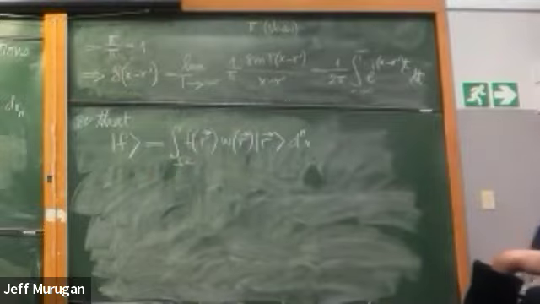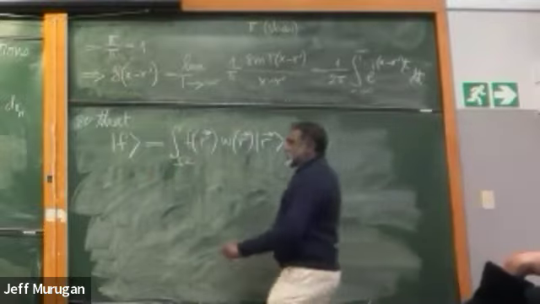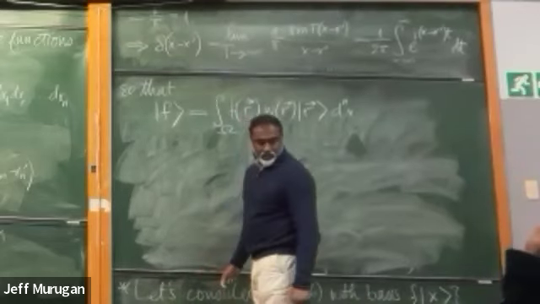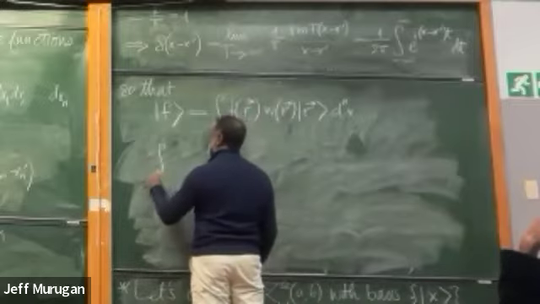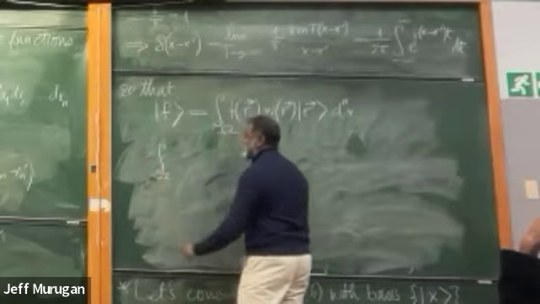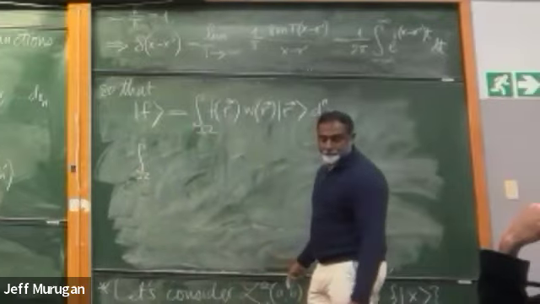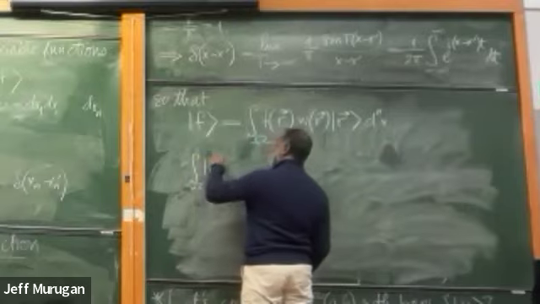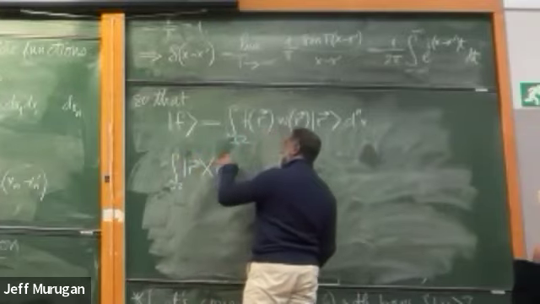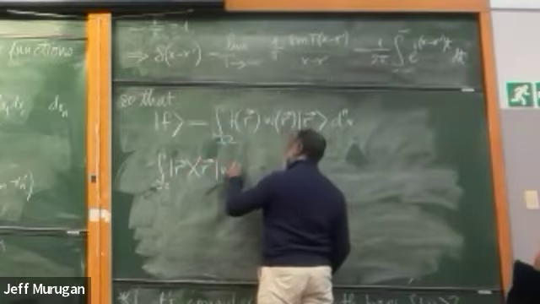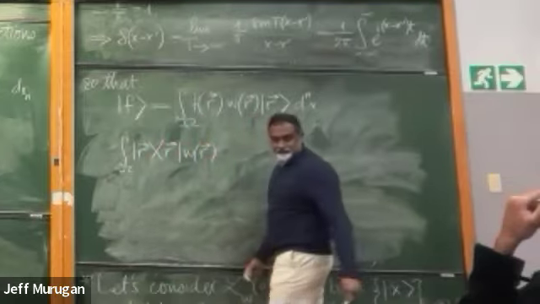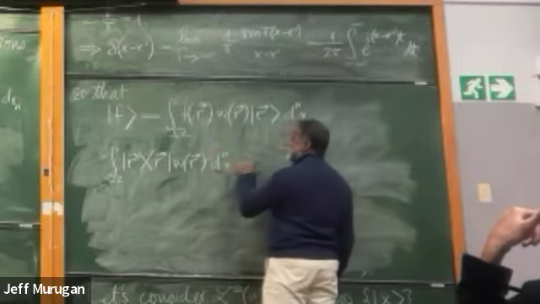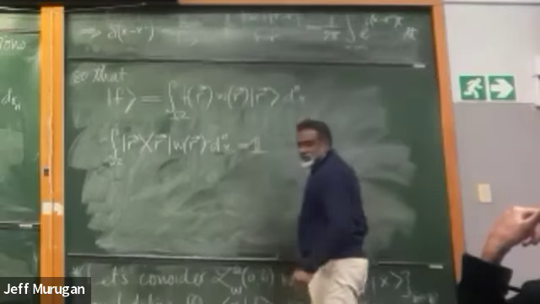It could be a rectangular volume, hypervolume, etc. So the resolution of identity is then the statement that the integral over omega of r w of r d^n x is the identity.